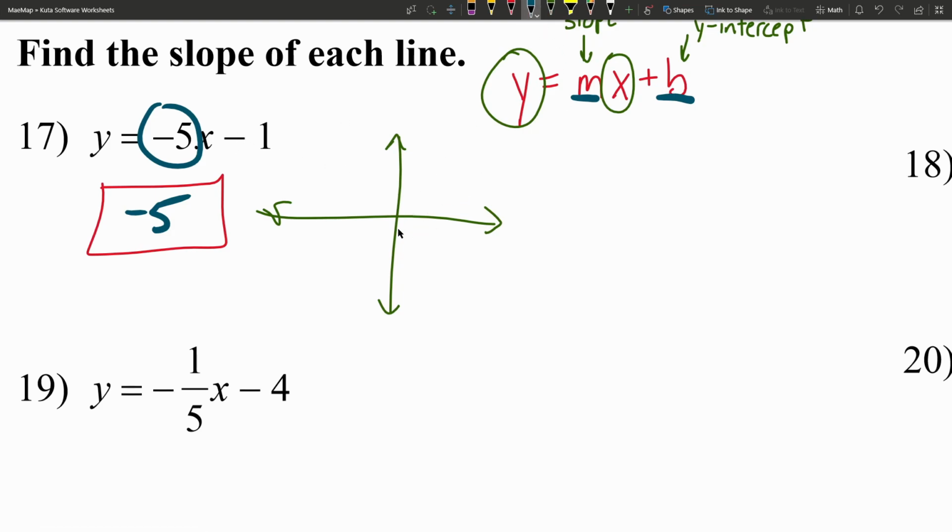So I know that I have a point 0, negative 1 here, and my slope is negative 5. This is just a rough sketch since I don't have any labels, but this is how you can quickly form those lines. Let's move on to number 18.